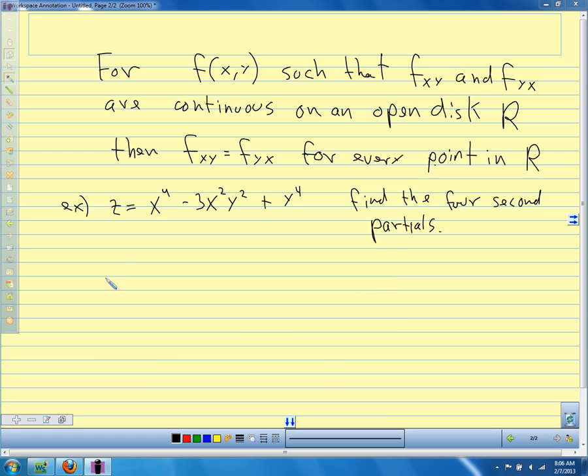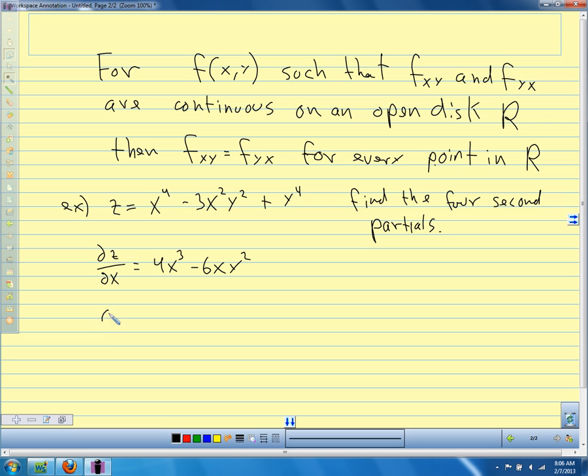All right, so let's see. Let's start off. The first thing we have to do is find our first partials. So what did the partial of z with respect to x come out to be? 4x cubed minus 6x y squared.